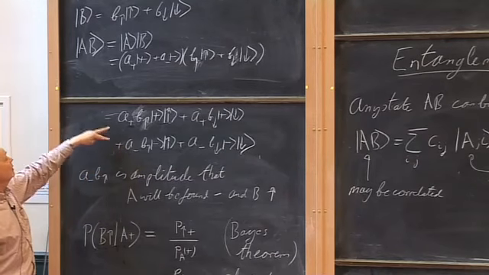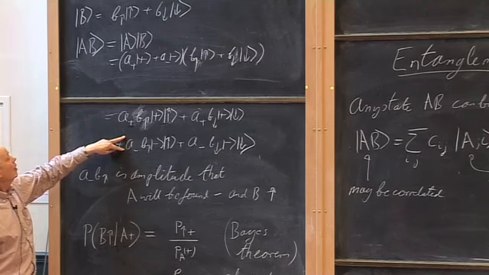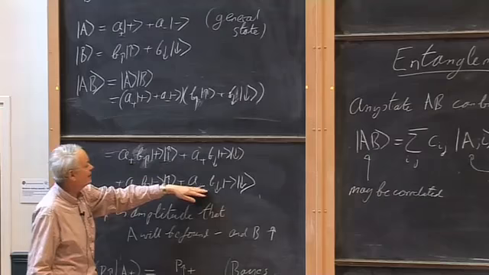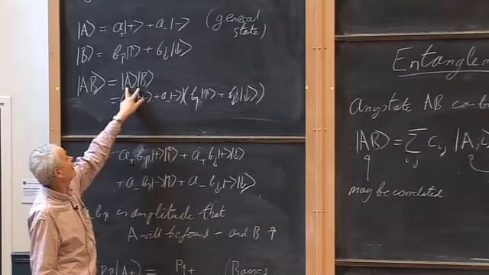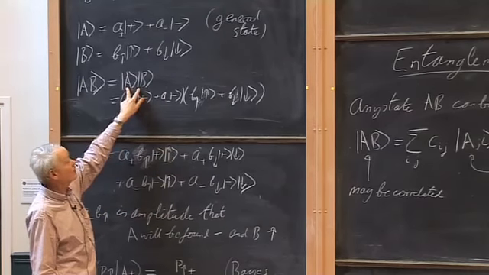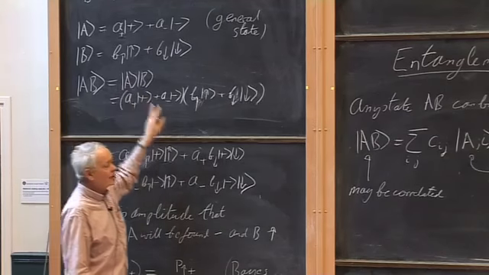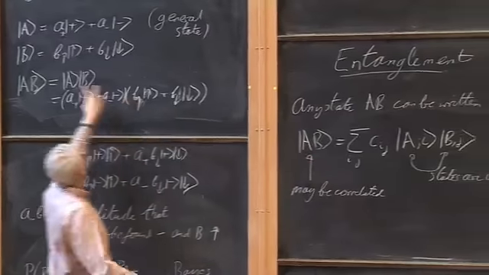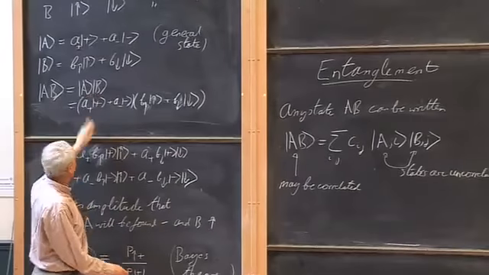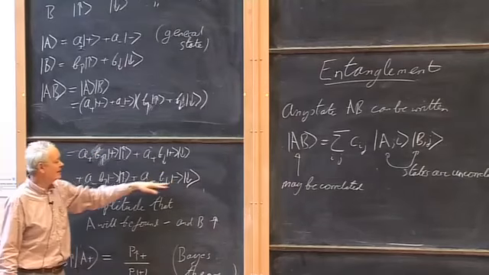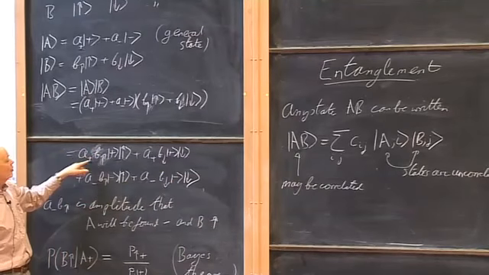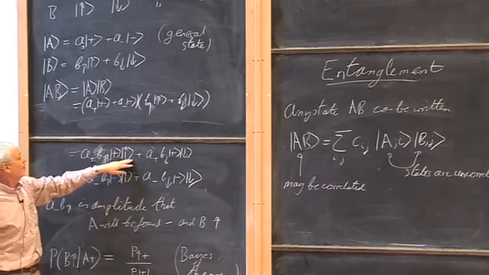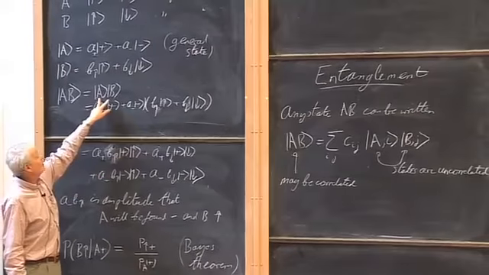And it turned out that in this case, that was still an uncorrelated state because this was simply an expansion in terms of some basis states of a state which was already a product of just two states. So the point is that the general state in general cannot be written like that, even though when you see a long list of basis states with certain complex numbers in front, it may be that the state can be written thus.